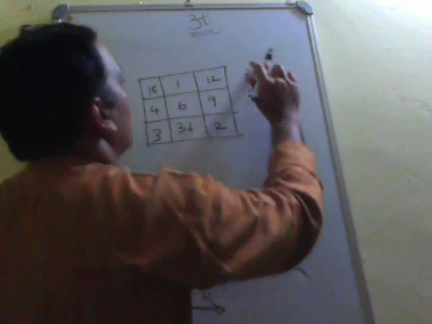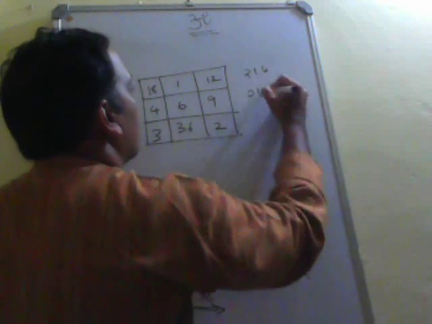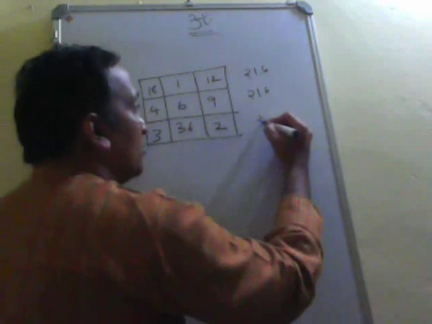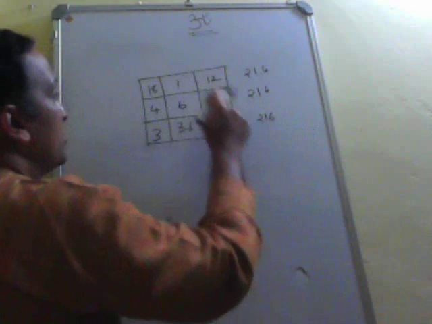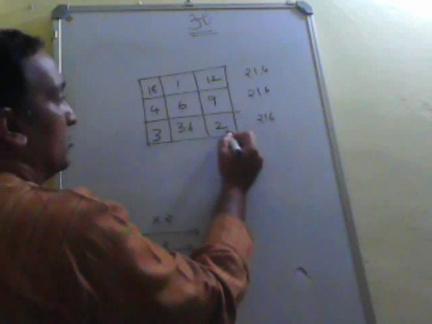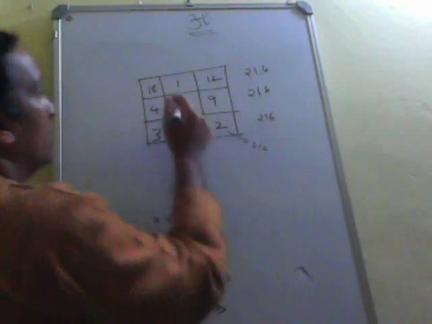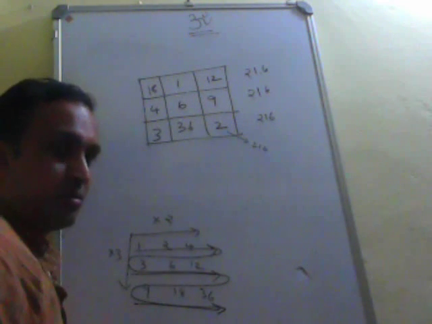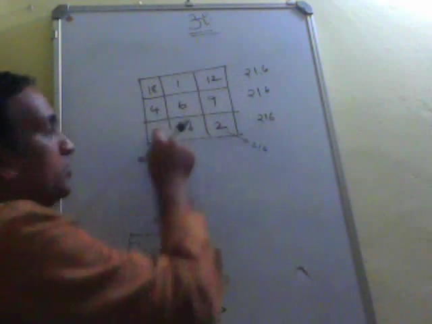Here also it must be 216. 36 into 3, 108, 108 into 2, 216. 18 into 6 into 2, 12 18s are 18 into 18 into 6 into 2, 216. 216. 12 into 6 into 3.